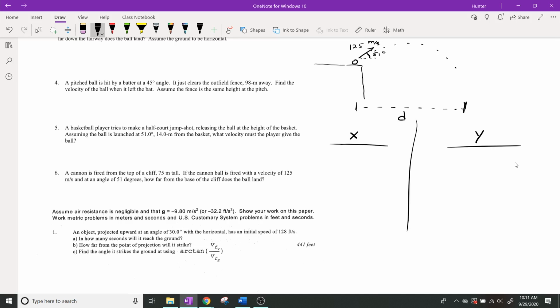For the X, the only thing that I need is distance, time, and velocity in the X direction, because my acceleration in the X direction is 0 meters per second squared. And that's all I really need. The VI and the VF are the same, so do we have the displacement?